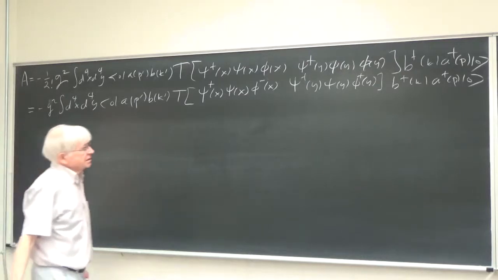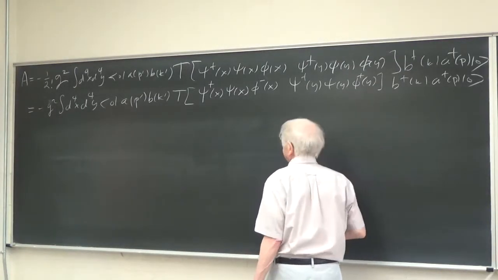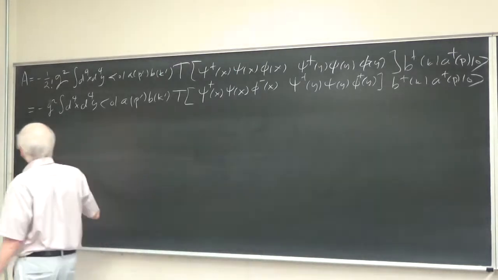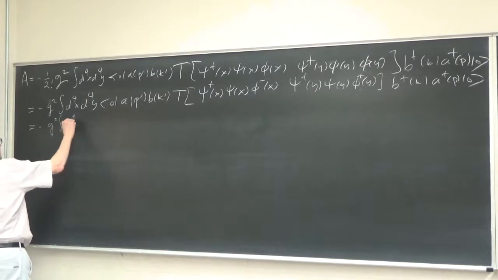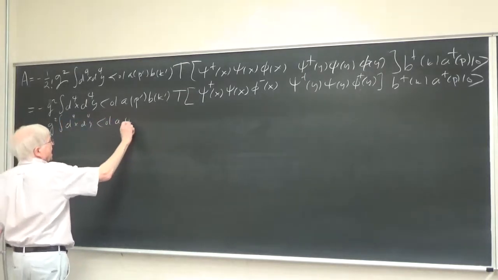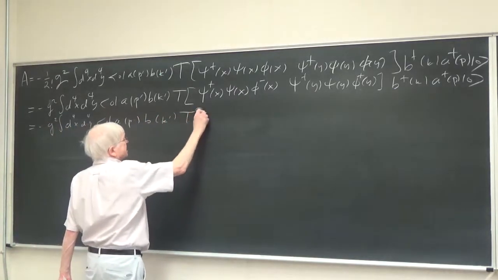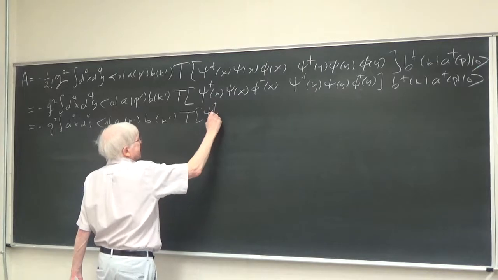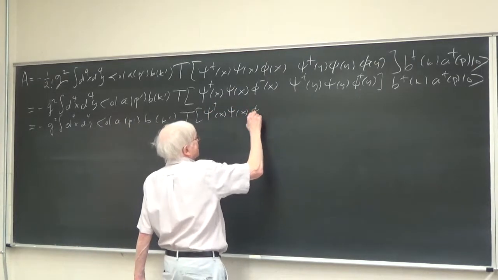Okay, then, well, we know what happens. We just substitute for phi plus. So that is minus g squared integral d^4x, d^4y, vacuum, a of p prime, b of k prime, T of psi dagger of x, psi of x, phi.